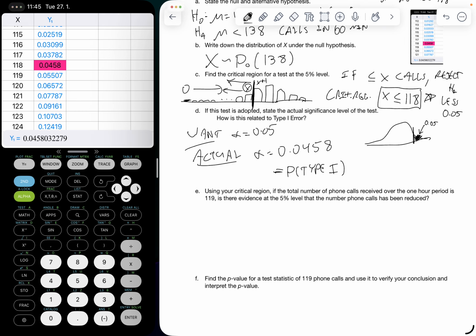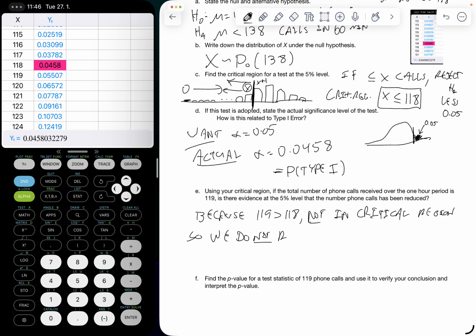We found 118, and because 119 is greater than 118, it is not in the critical region. So we do not reject the null hypothesis.